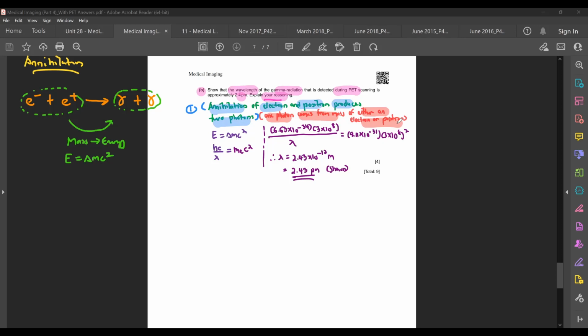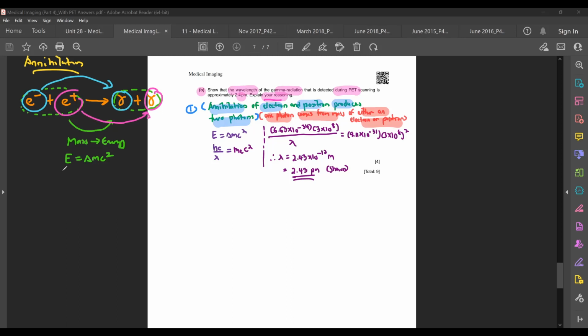Meaning to say, if you're talking about this photon, it probably came from this electron here. And this photon, it probably came from this positron here.